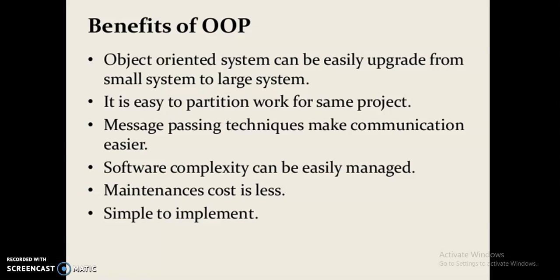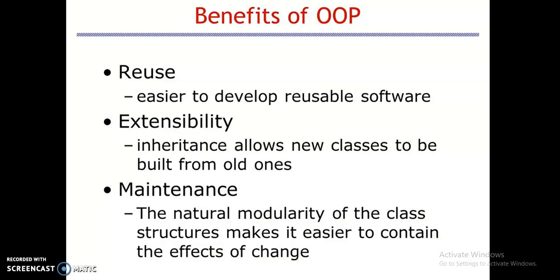Maintenance cost is less and it is simple to implement. Some more benefits are reuse. Reuse means you can use the code wherever it is needed. It is easier to develop reusable software. And then extensibility. Inheritance allows new classes to be built from the old ones. That is called extensibility.